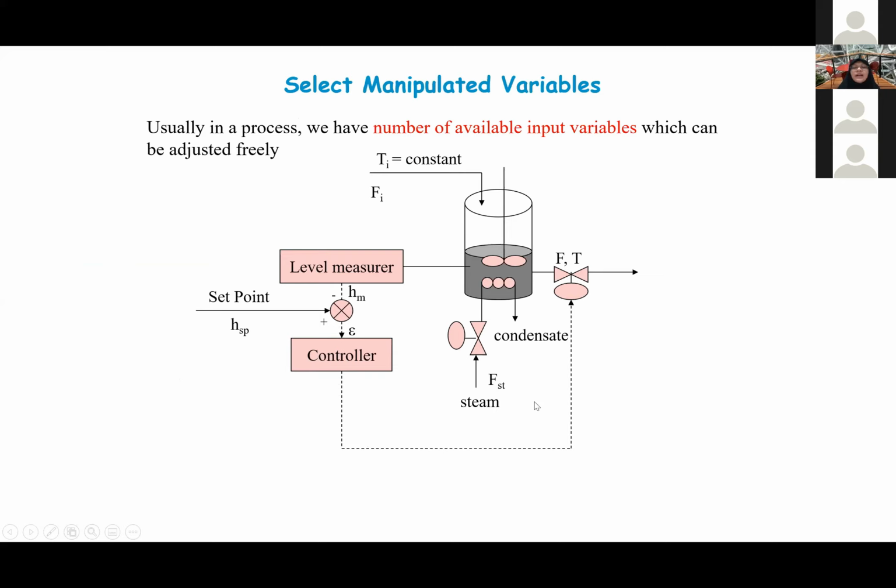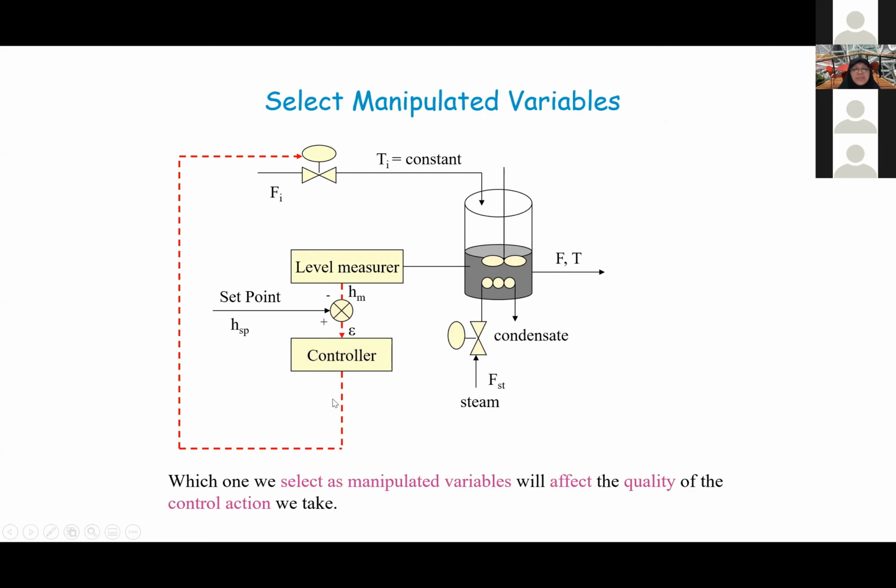Whatever disturbance comes in, the level sensor or transmitter will detect it and give the information to the controller. So this is F as the manipulated variable.